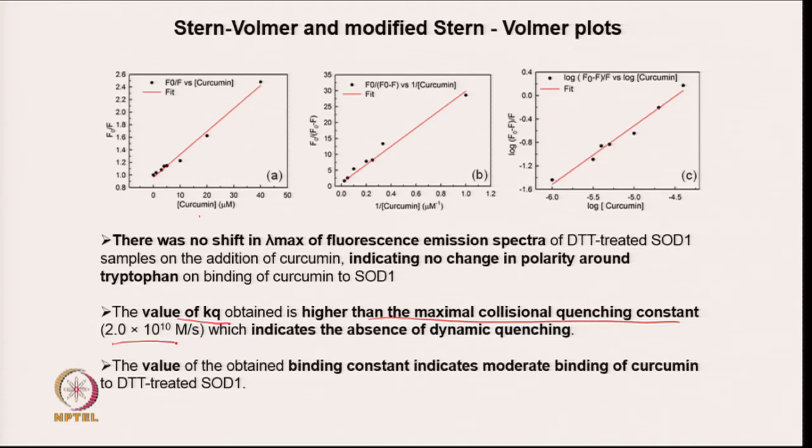So, we get a very high value of Kq, and it means that it is not a case of collisional quenching. The value of the obtained binding constant indicates moderate binding of curcumin to DTT treated SOD1.